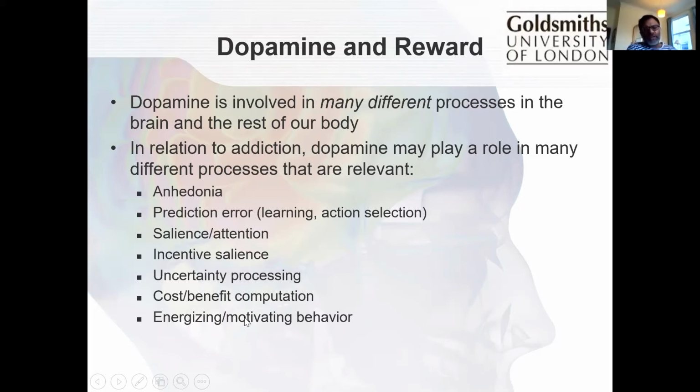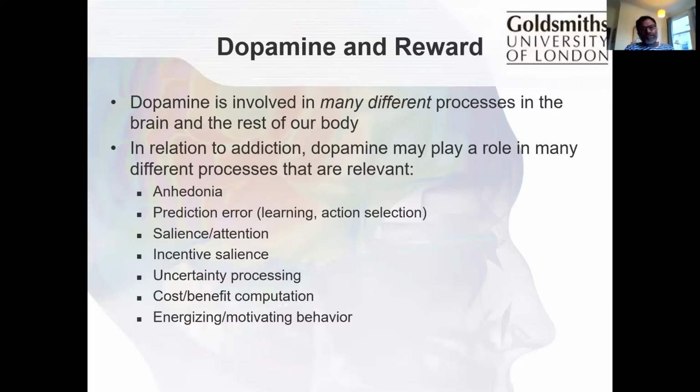You just need to know that these are all different processes, and most of them are psychological processes that either improve our behavior or they reduce our behavior. The details of them are not important, but the main thing is that dopamine is really important for a number of different aspects of behavior. And psychologically, this is what they are, but I'm not going to go into those because they're not important to what we're going to be talking about.